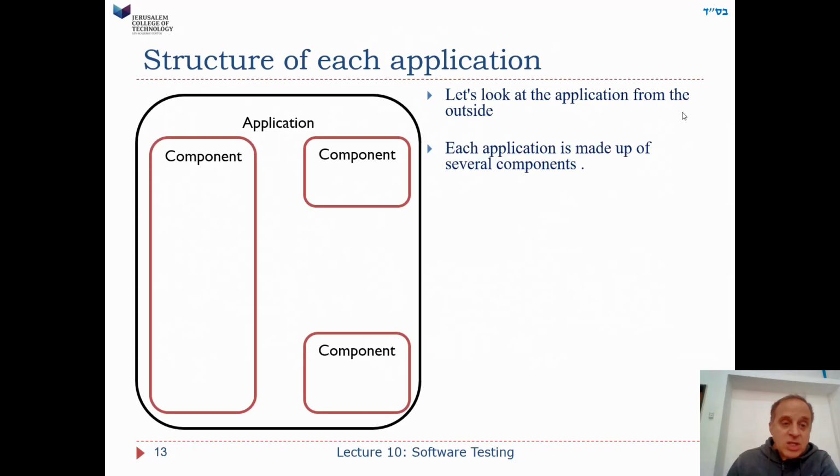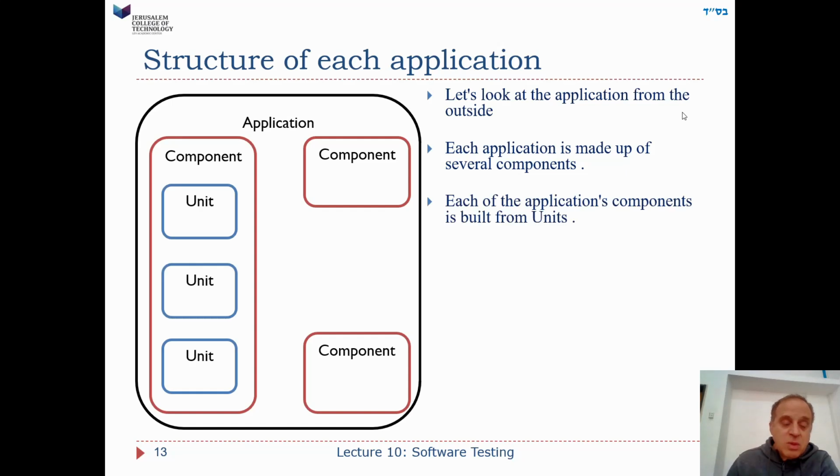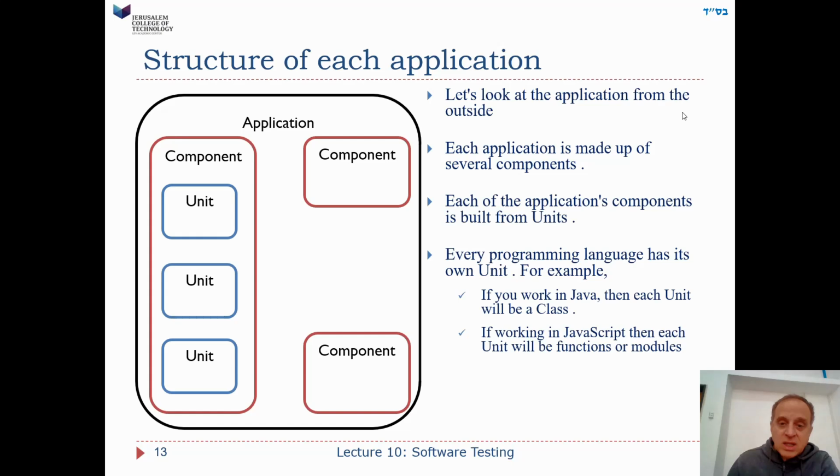So an application has many components. And each of those components has units. What are these units exactly? Every programming language has its own unit. For example, if you work in Java, then each unit will be a class. A class could be a unit. You can test, does this class work? If working in JavaScript, then each unit will be functions or modules.